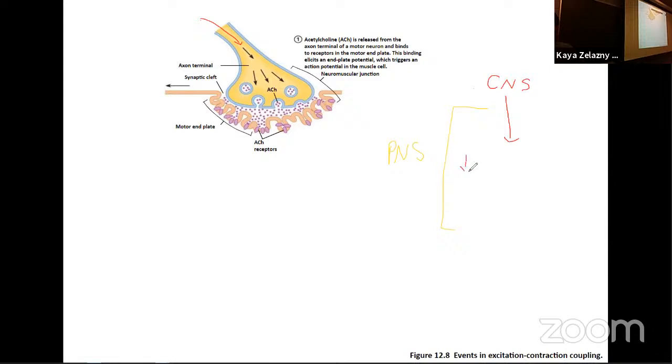Somatic and autonomic. But that's helpful. Like automatic and autonomic are similar words because they kind of tell you what it means. So autonomic does kind of automatic functions. Somatic does voluntary active muscle contraction. Somatic versus autonomic.